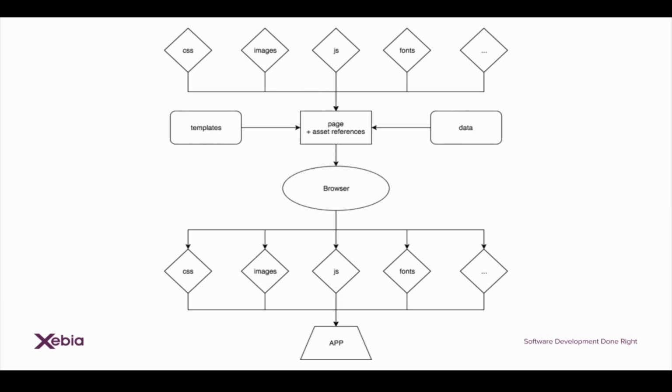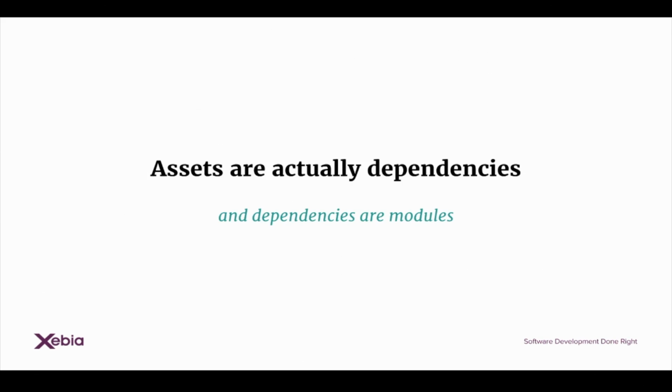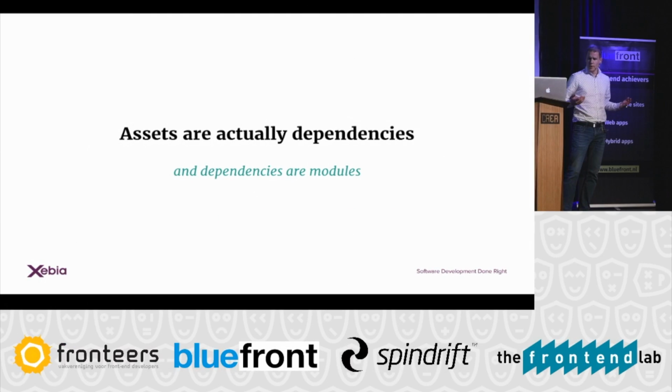This font's supposed to be there, but how can you be sure? These dependencies are not actually managed. So, yeah, these assets, images, fonts, styling, these are dependencies on our application.